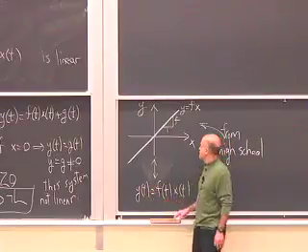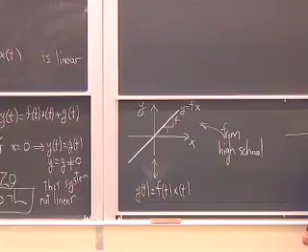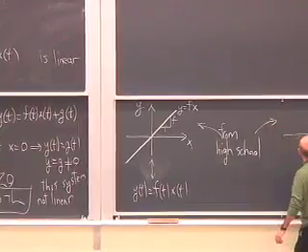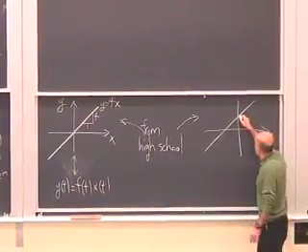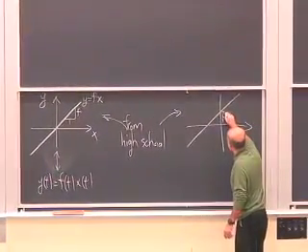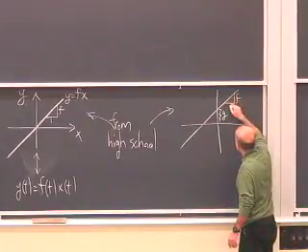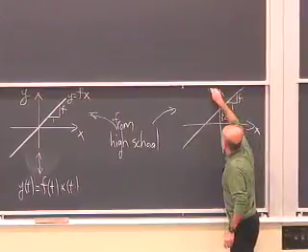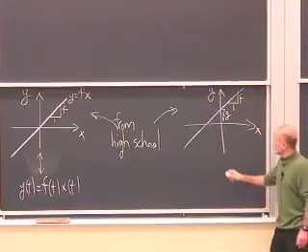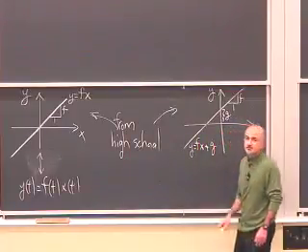Now, compare that with, again, high school, where you had straight lines that had a y-intercept. Same slope. In this case, y was f times x plus g.